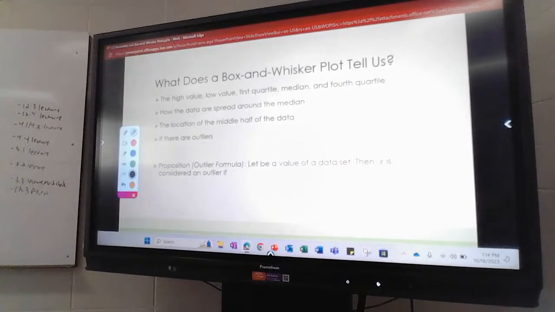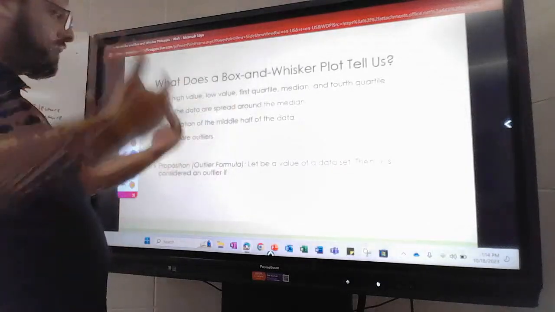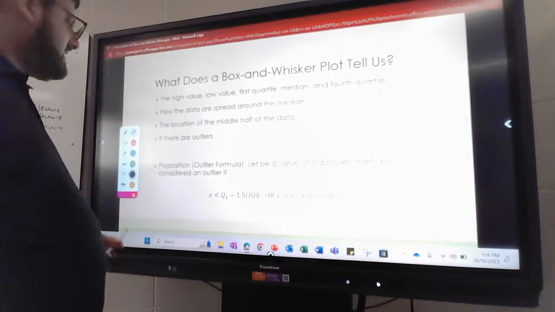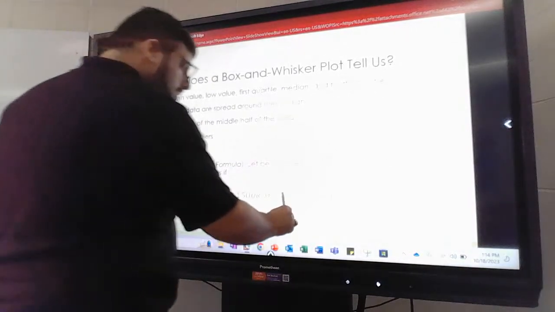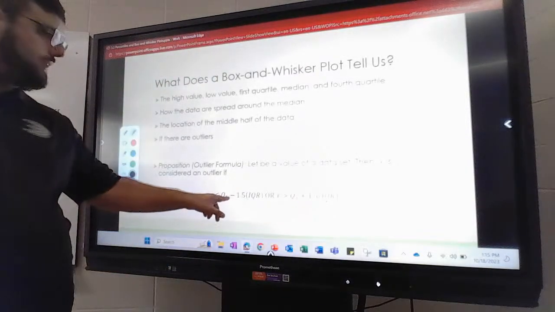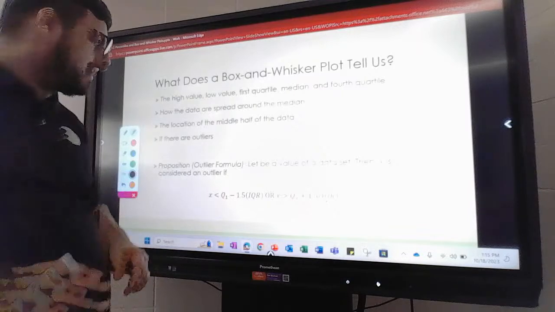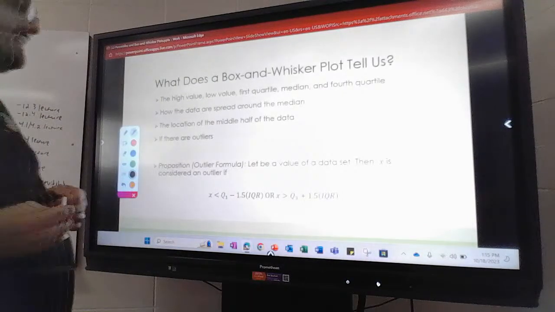There's actually a formula that can help us find outliers. If X is a part of a data set, then it's an outlier if it falls less than this or greater than this, right? So either less than your first quartile minus 1.5 times IQR, or greater than Q3 plus 1.5 times IQR.